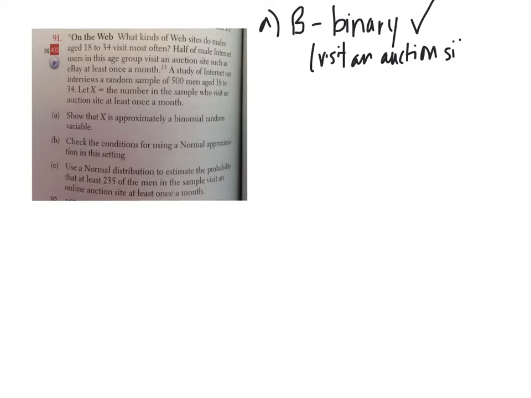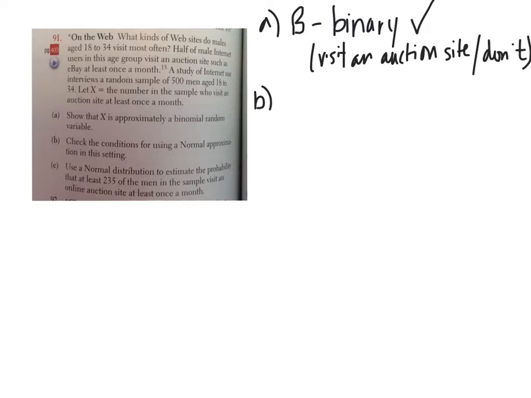So we need to check BINS. Remember, B stands for binary. And in this case it is, and we need to give a reason here. They either visit an auction site once a month or don't. I'm abbreviating a little bit here because it's kind of challenging to write.